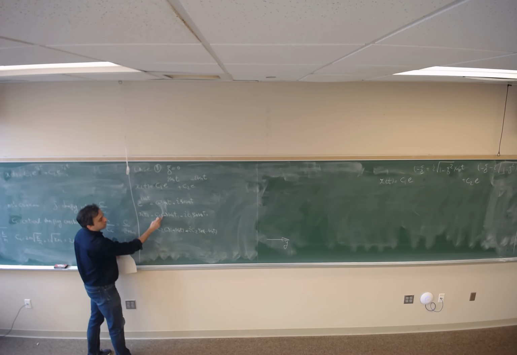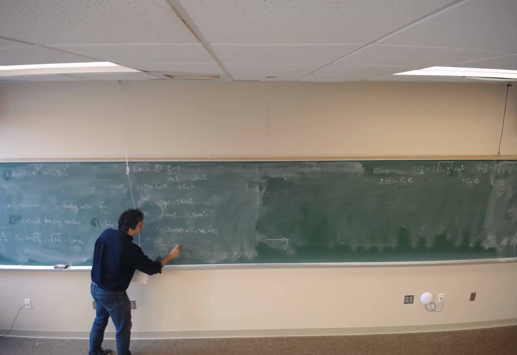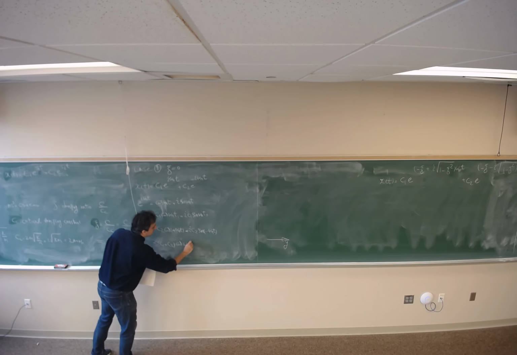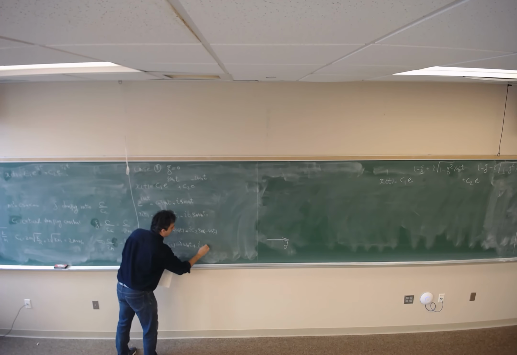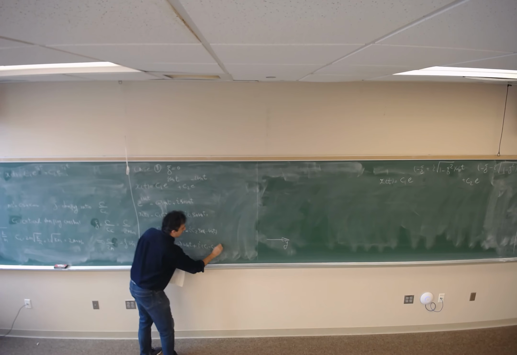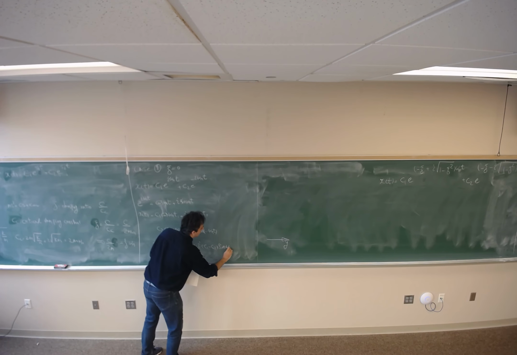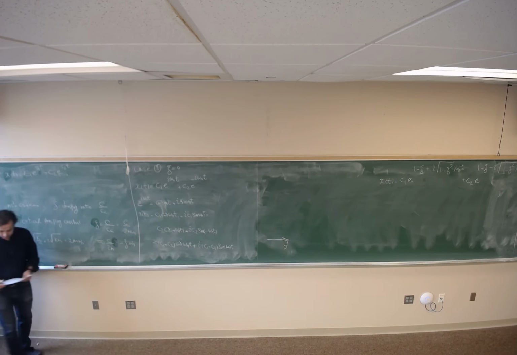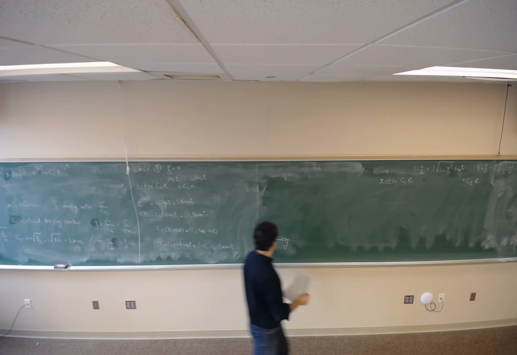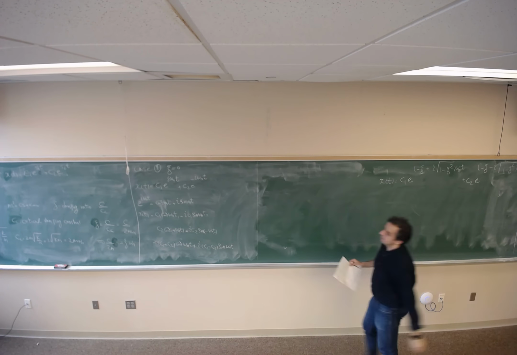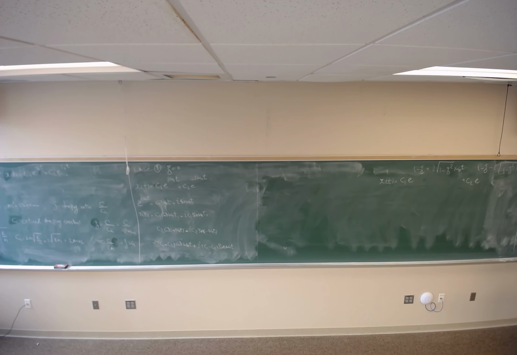So these two are real numbers, I can add them up. I'm getting C1 plus C2 cosine of omega nt plus I times C1 minus C2 sine of omega nt. Makes sense.